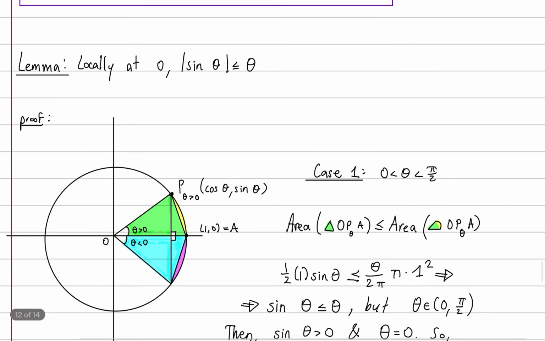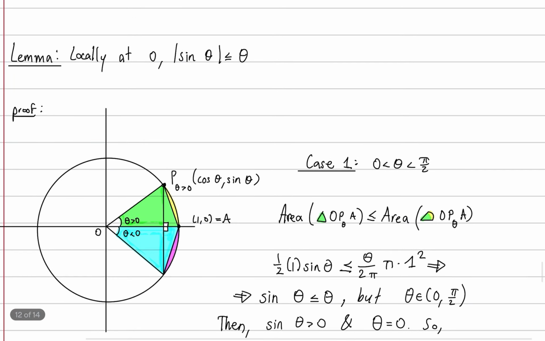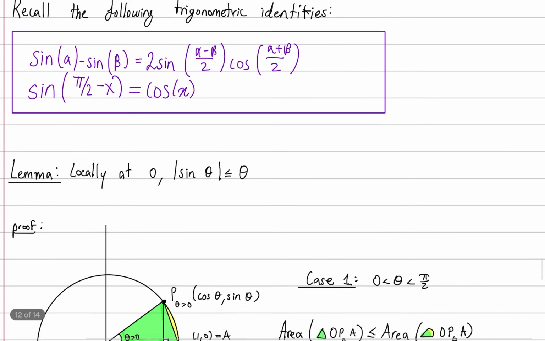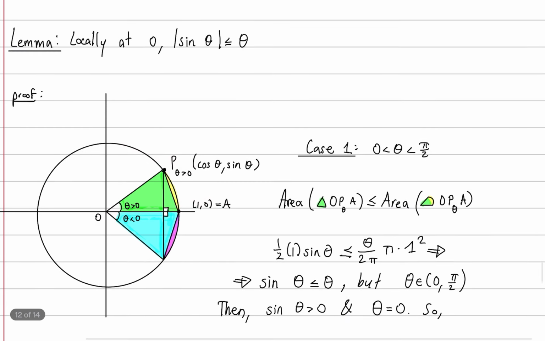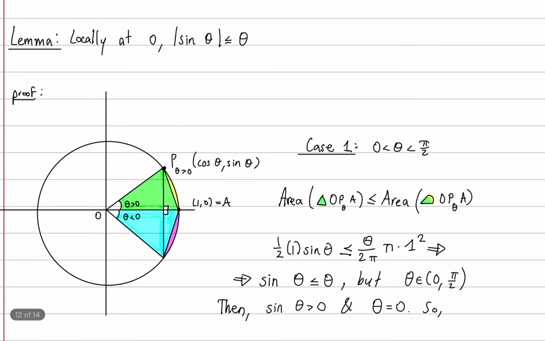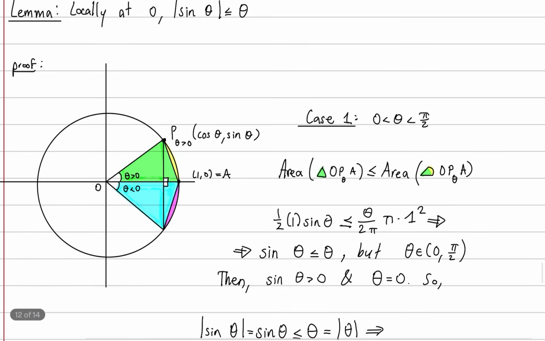So here's a proof. Case 1 is that theta is between 0 and pi over 2. In that case, we'll only look at the top triangle right here, and the area of the triangle is, of course, less than or equal to the area of the sector, and it's only equal to the area of the sector when both of the areas are exactly 0.